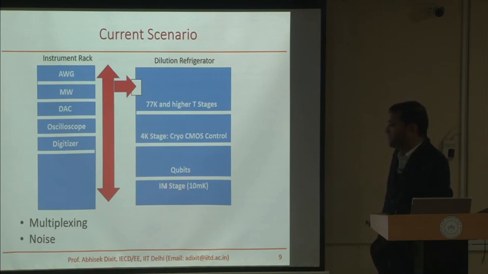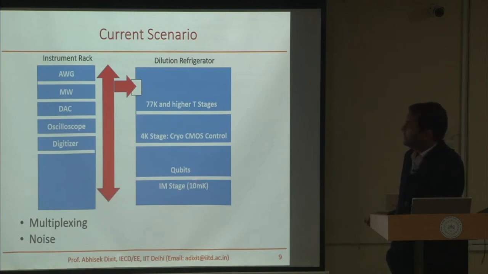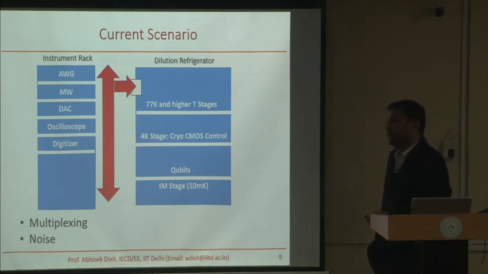Typically there is a mixing stage where a mixture of helium-3 and helium-4 gives you the 10 millikelvin temperature. Then there is a 4 Kelvin stage roughly, which is at the liquid helium temperature. You can have as many higher temperature stages as you want. This entire thing is one big cylinder-like structure, right?